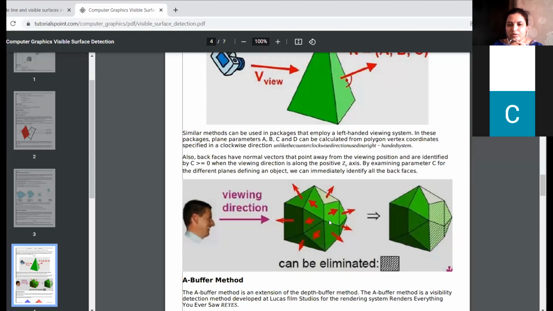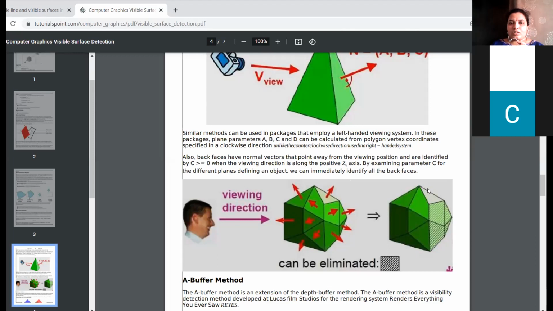That is how a normal is calculated with respect to every face or surface of the polyhedron. If that normal is pointing away from the user, those surfaces are considered back faces. When the normal is facing towards the user, those surfaces are considered visible faces.